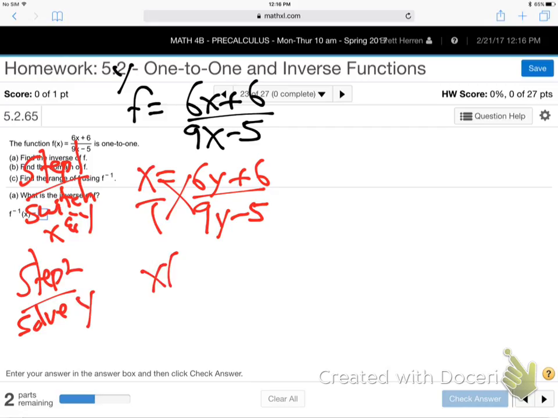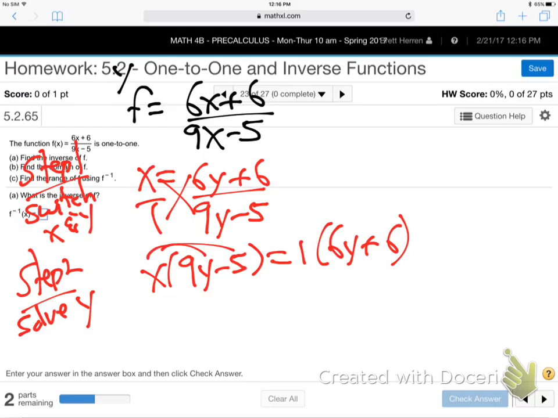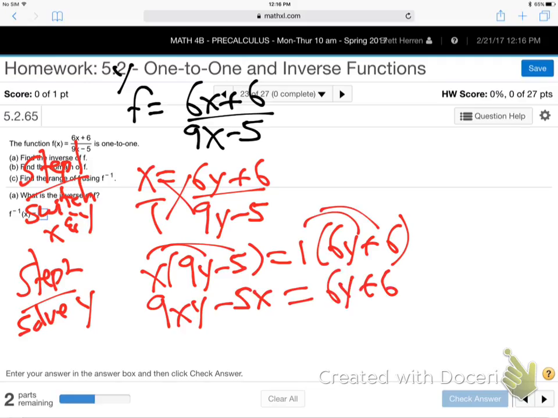So it'll be x times 9y minus 5 is 1 times 6y plus 6. Good to there so far. Just diagonal, diagonal. Like that, distribute. 9xy minus 5x. 6y plus 6. Good.